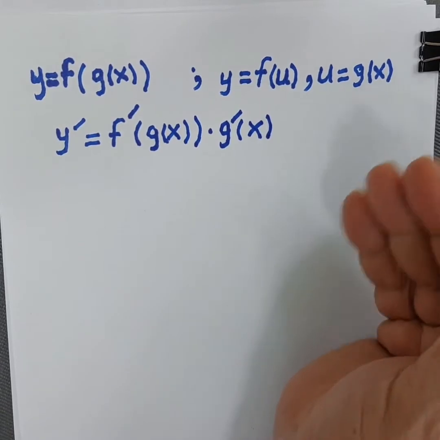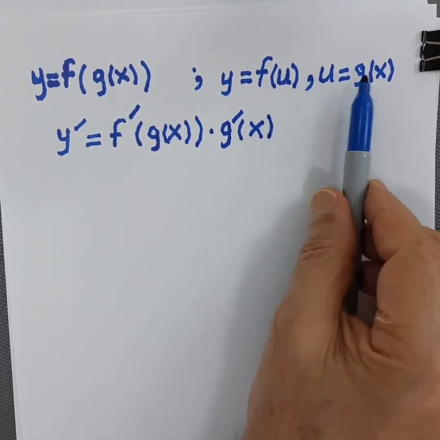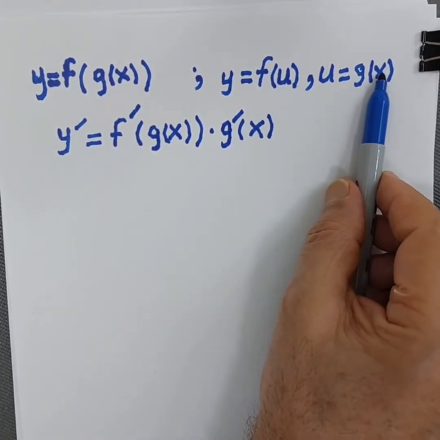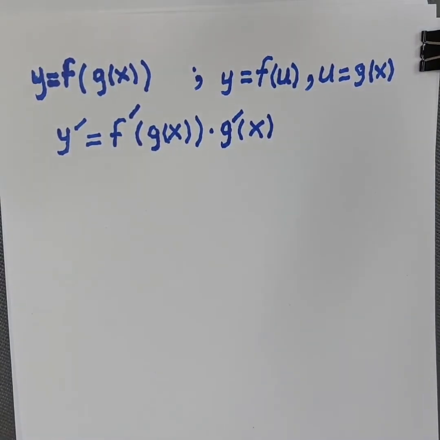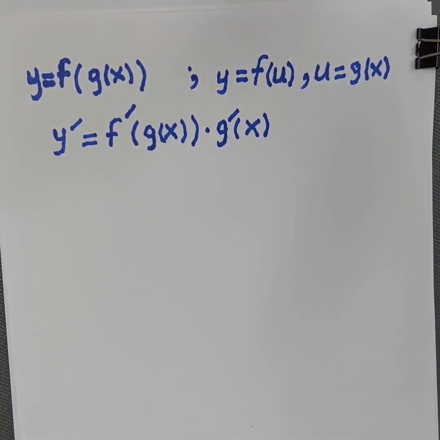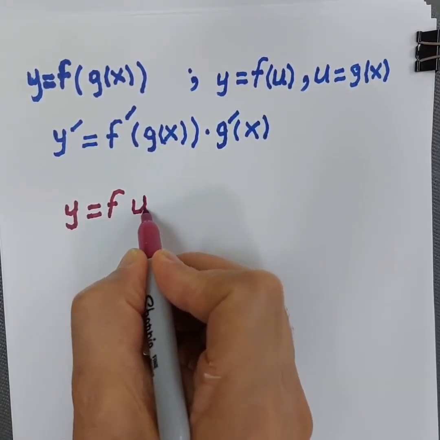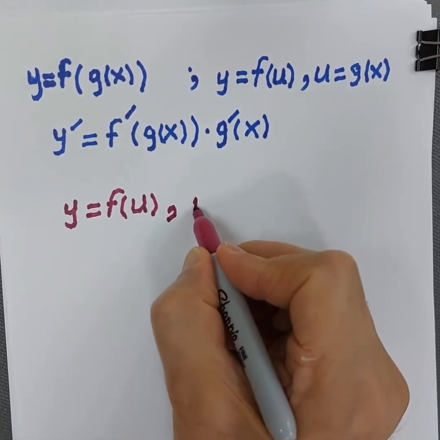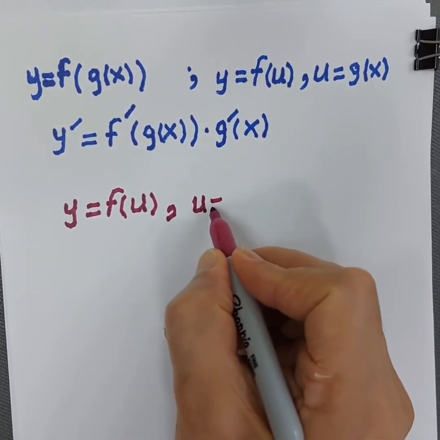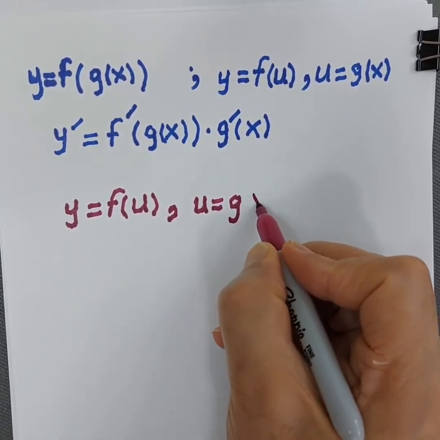Now, what if we have more than two variables? Here you see we have two variables, u and x. What if we have more? Like the following case I will write. And u is a function of another variable like v.